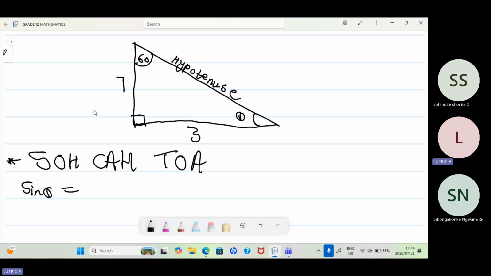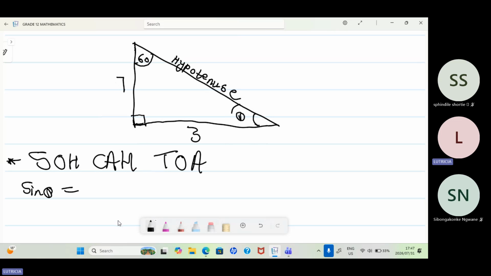Okay, so we now know what the opposite side is, but I'll also explain what the adjacent side is. The side that the angle is on top of, that's the adjacent side. So when we look at theta, it's on top of the side with the 3. So that's the adjacent. When we look at 60 degrees, it's on top of the side with a 7. That's gonna be the adjacent for 60 degrees.